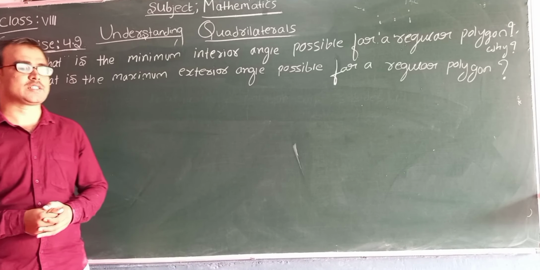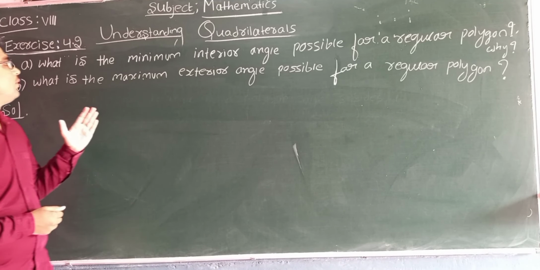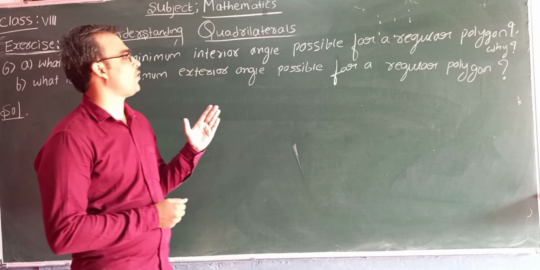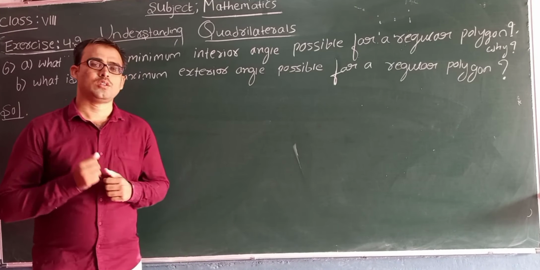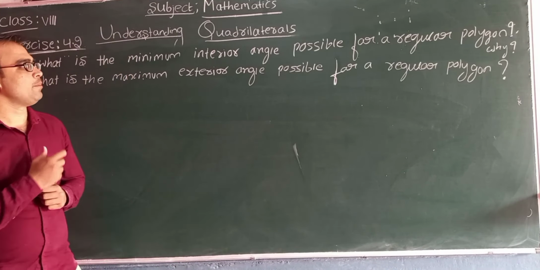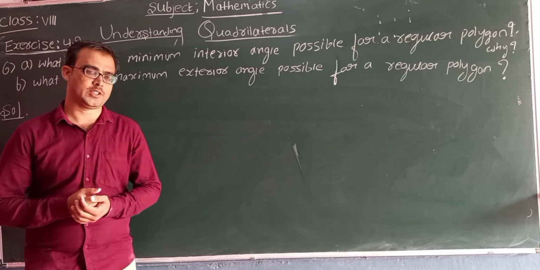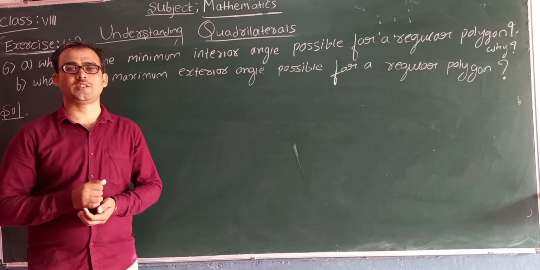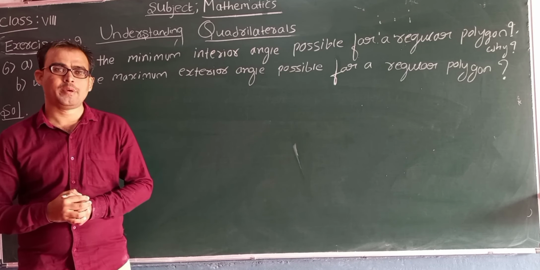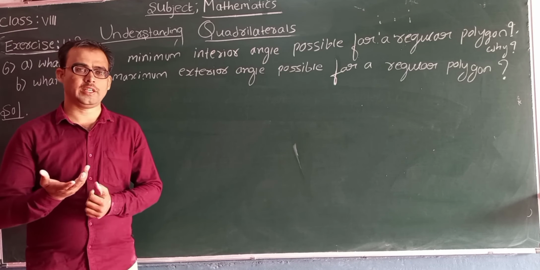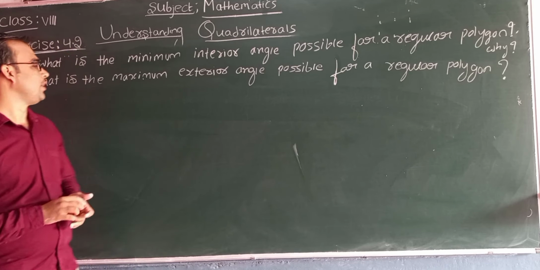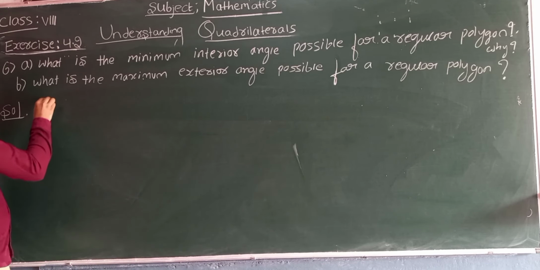Students, now we'll solve the sixth question. What is given? What is the minimum interior angle possible for a regular polygon, and why? So we need to find the minimum interior angle of a regular polygon. We know that the polygon with the minimum sides is the one with 3 sides, that is the triangle.